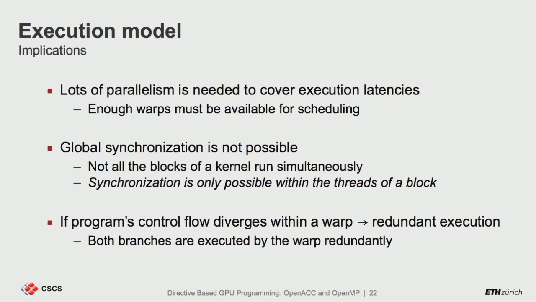So why is this needed? It might sound a bit strange, but this is the requirement to have a very, very fast context switch. Because if I had to kick out a block and bring in another one, then I would have to store the registers somewhere, bring the other registers in, and do all the things that a normal CPU does. And you don't want that. So every core has all its resources on the SM.